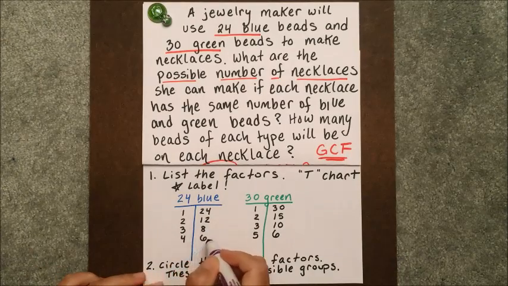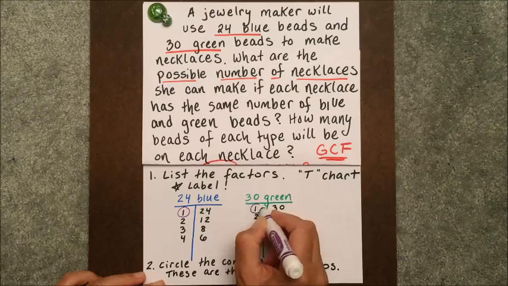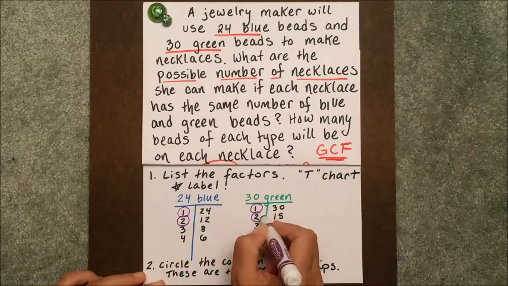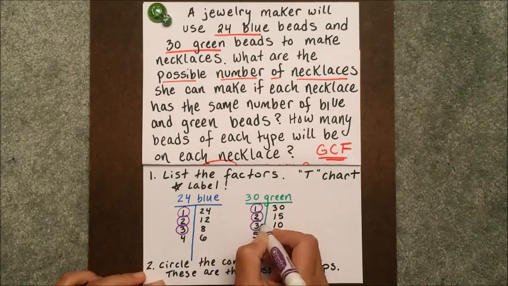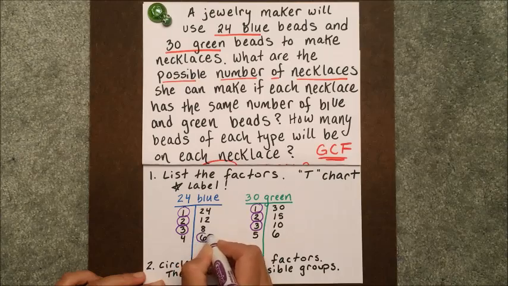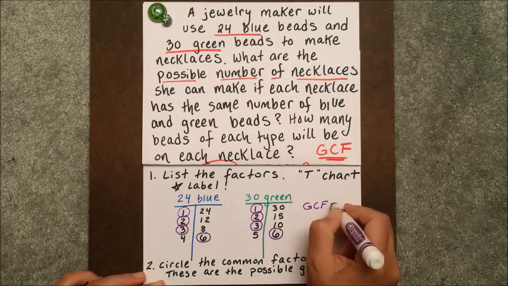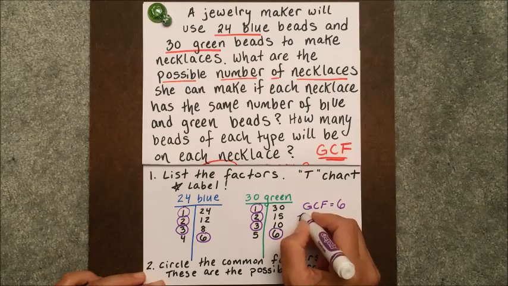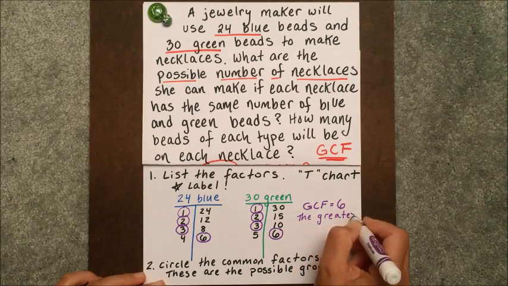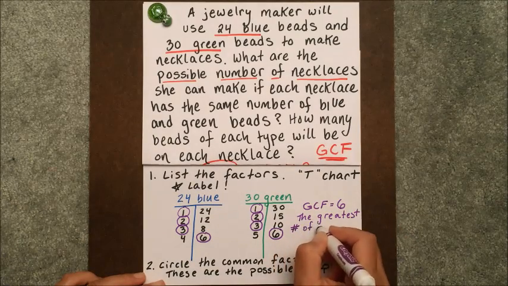So if we look at our common factors, we could have 1, we could make 2, we could do 3, and we could do 6. So those are all of the possible ways. Our greatest common factor, or the greatest number of necklaces that we could make, would be 6.